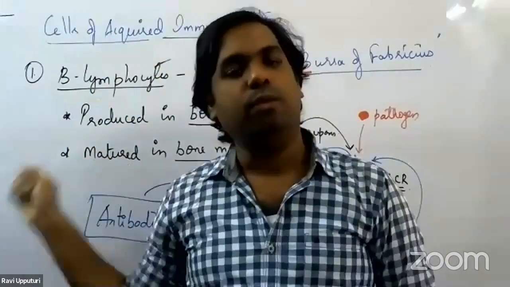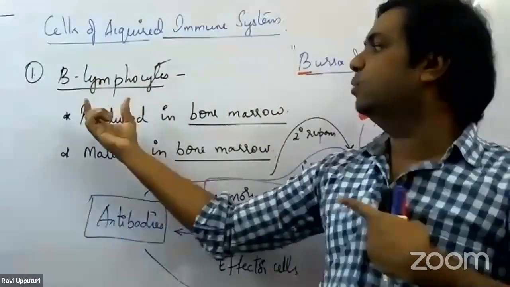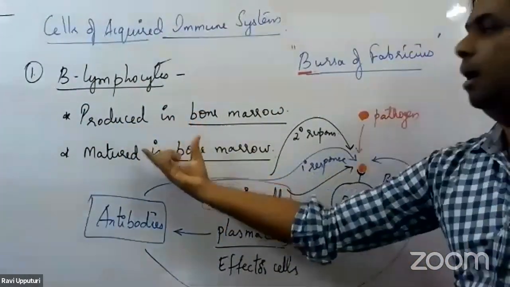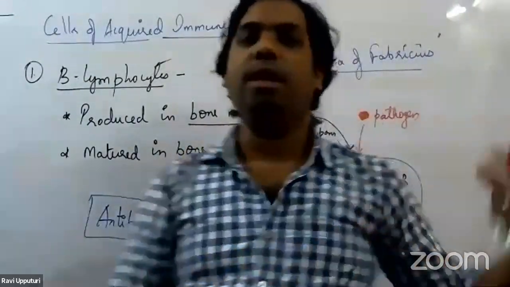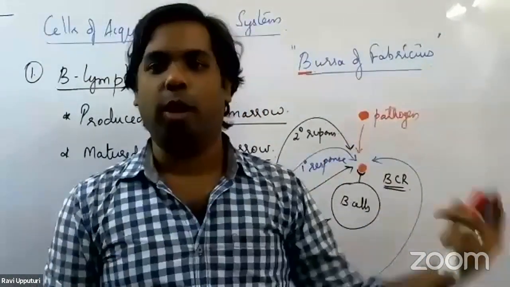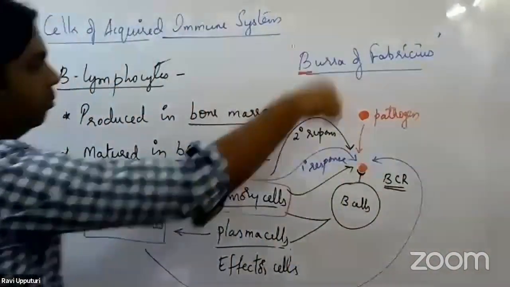B lymphocytes are formed from the hematopoietic stem cells present in the bone marrow, produced and matured in the bone marrow.